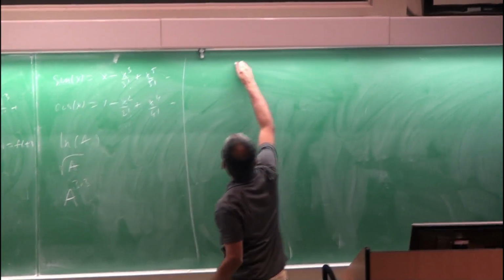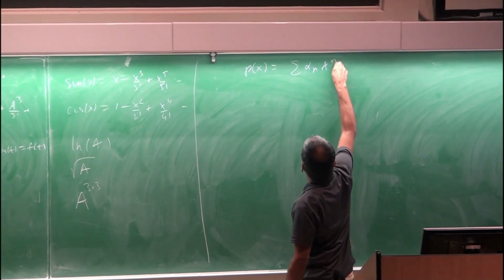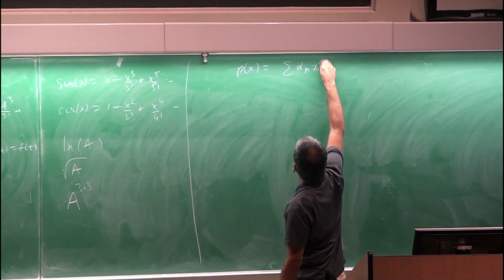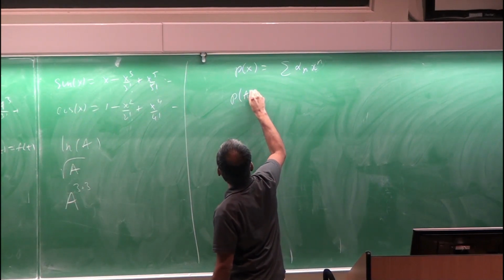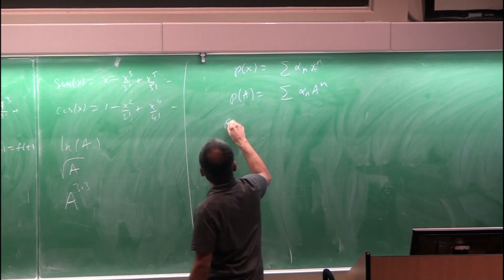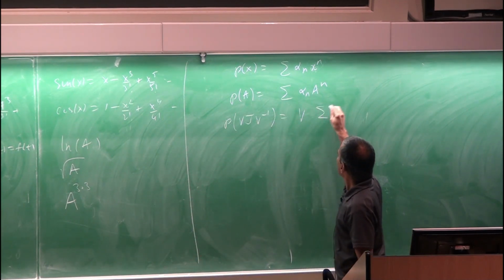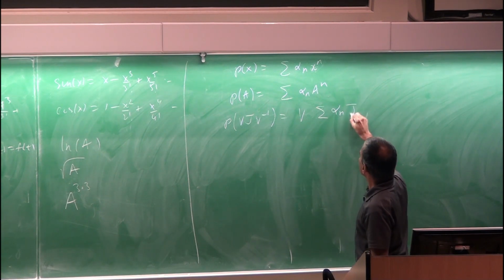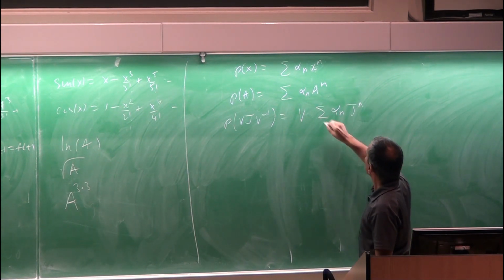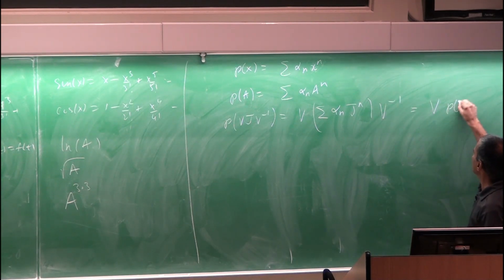Okay. So the Jordan decomposition is nice because if I give you any polynomial, infinite or not, okay, so ignoring questions about convergence, we have P of A equals the summation of alpha n times A to the power of n. So if you substitute the Jordan decomposition inside, then providing everything is converging nicely, which we'll talk about in a second, you just have to evaluate this, which is the same thing as V times P of J times V inverse.